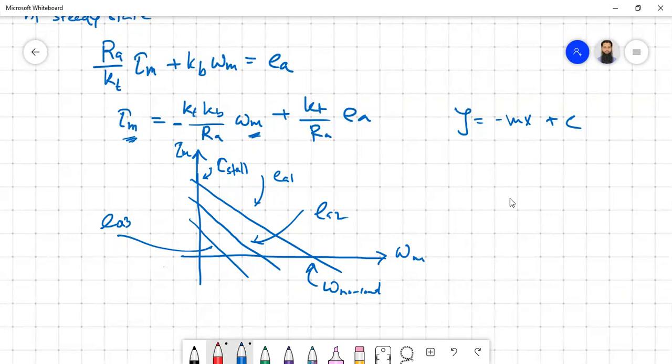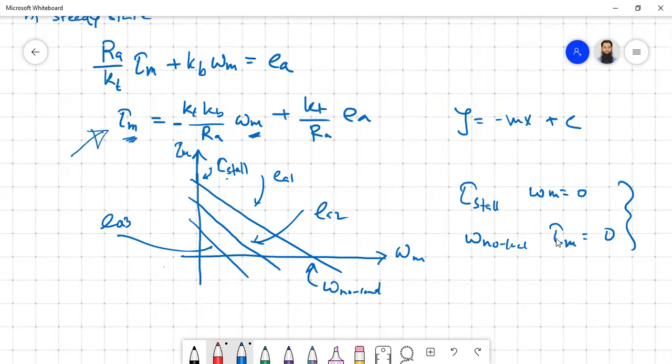That is your omega no load. Whenever we are calculating tau stall, we are considering omega equal to 0. Similarly, whenever we are calculating omega no load, we are assuming that torque is 0.